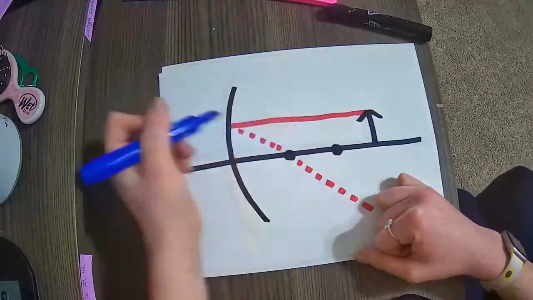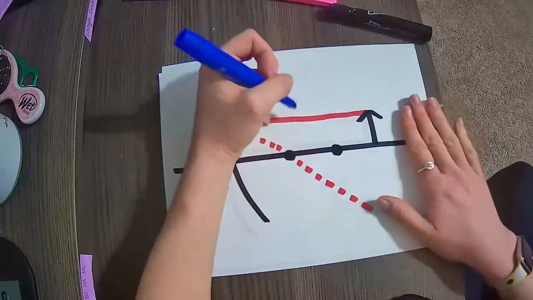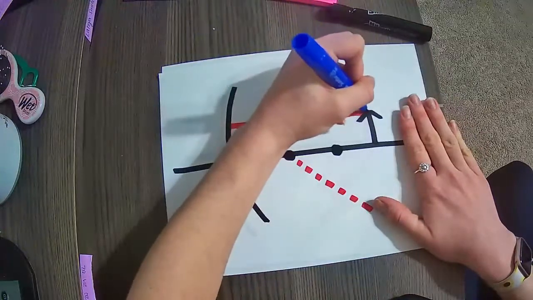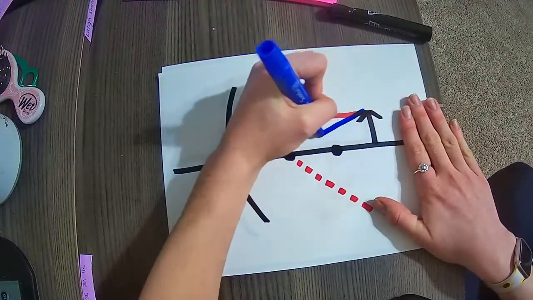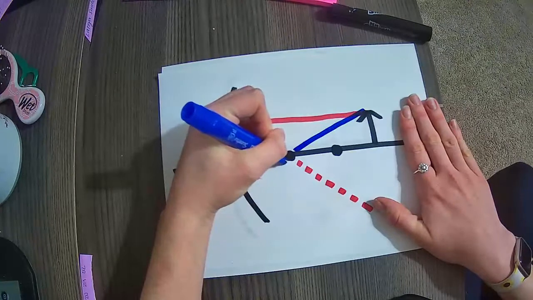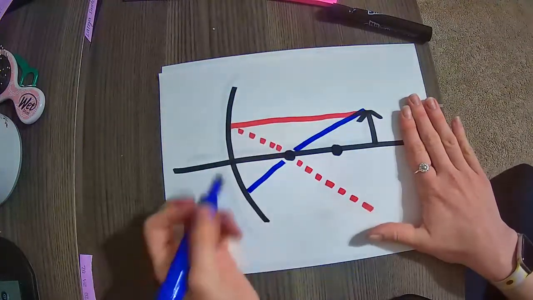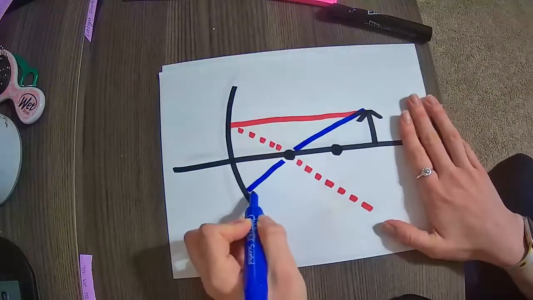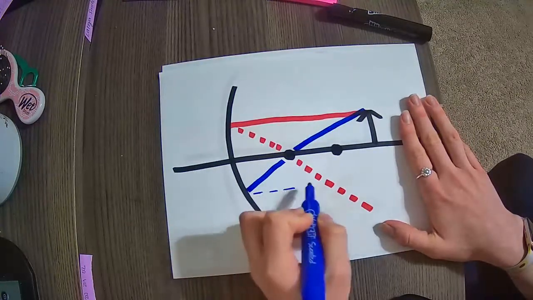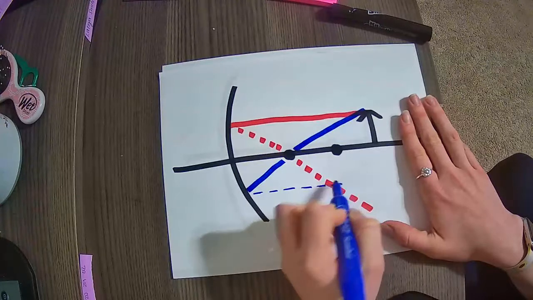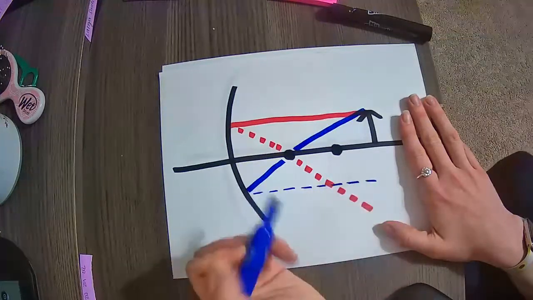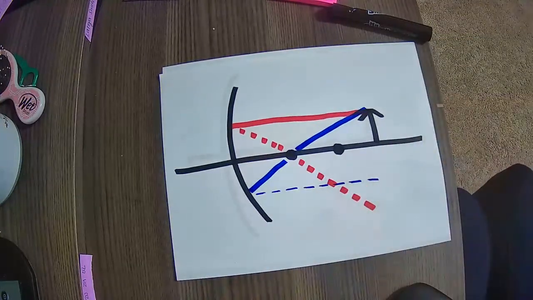So it's going to do the opposite of what our red line did here. So we're going to go ahead and draw our solid line through that focal point to the mirror. And then it's going to reflect back parallel to the normal. You can tell I'm using a different side of my marker to make that happen.